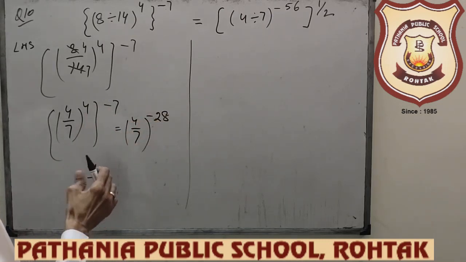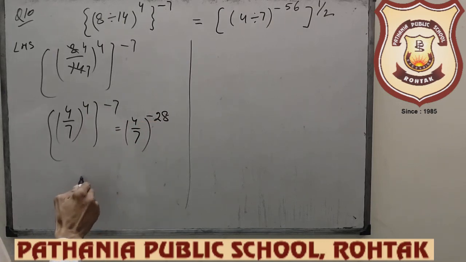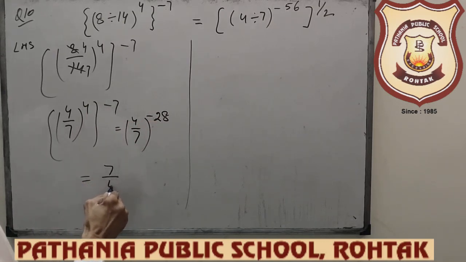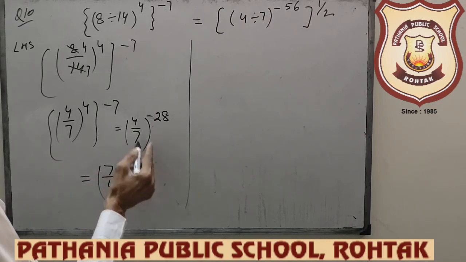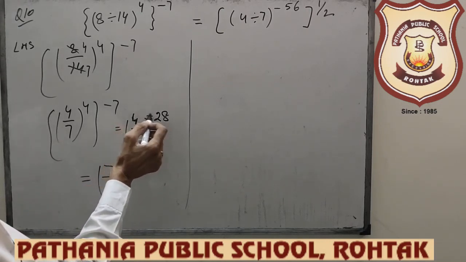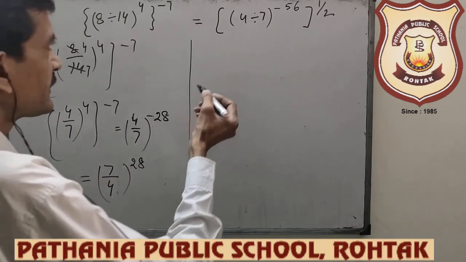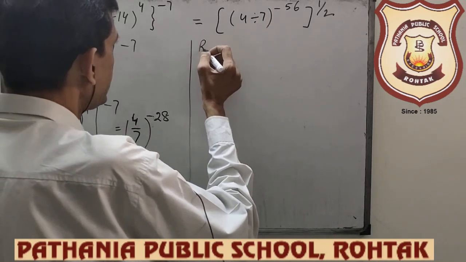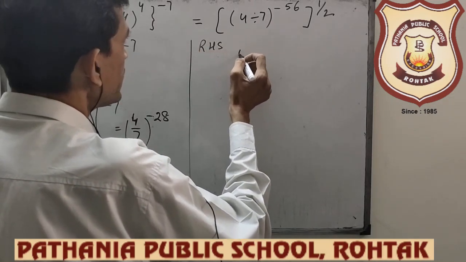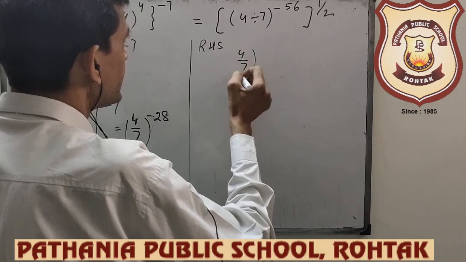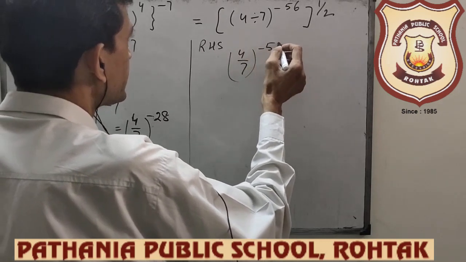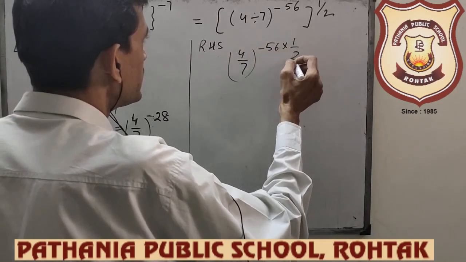So answer of this is what? This side is 7 by 4 raised to the power 28. Take the reciprocal because negative sign is there. And no need to open so much large power. Now solve this side, right hand side. This is 4 by 7 raised to the power minus 56 into 1 by 2.